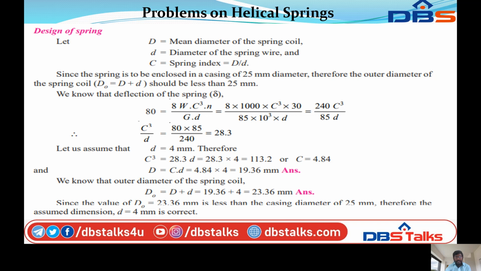So first one, design of the spring. So how to design the spring? So let D is equal to mean diameter of the spring coil, d is equal to diameter of the spring wire, and C is equal to spring index, so capital D by small d.